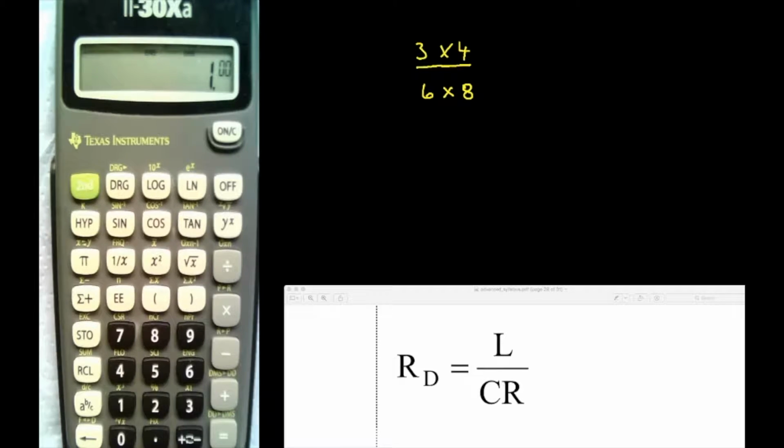An easy way of doing that would be to put it into the calculator like this. Because what you've done is you've grouped these together so that the order of calculation is correct.